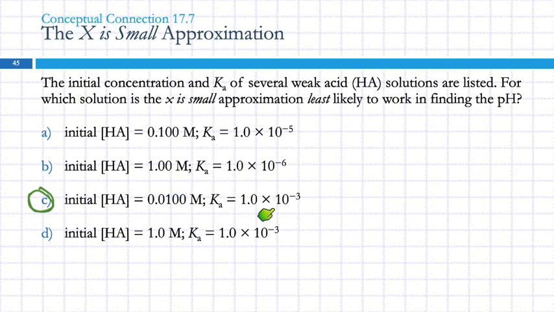And this is also the larger of the Kas, which means that X is going to be larger to start with, and then you're subtracting it from a smaller number. So large K and small concentration, X is small is probably not going to work. Any questions about that one?